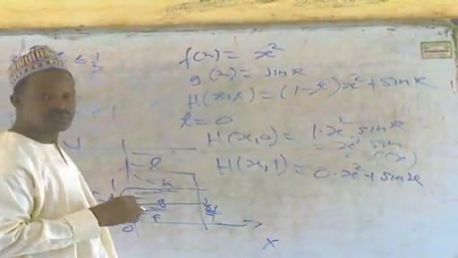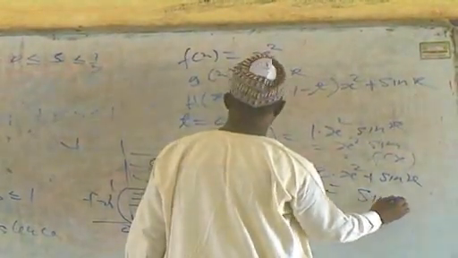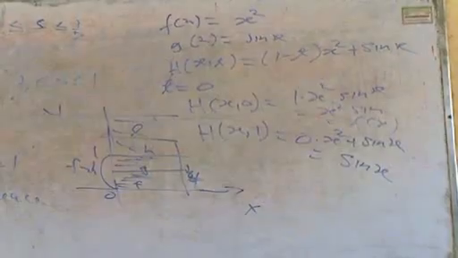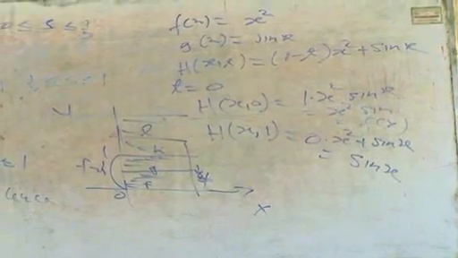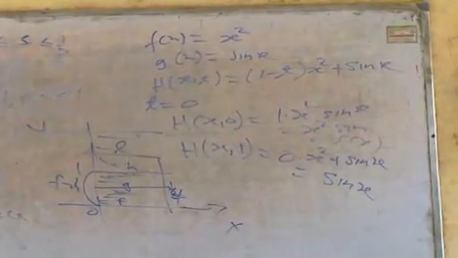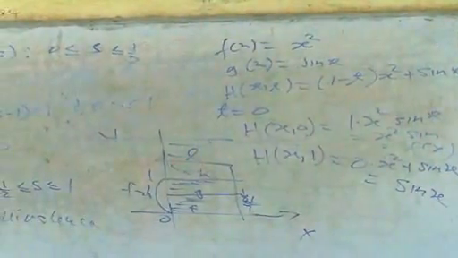So the whole thing is 0 plus sin x, so this is going to be just sin x, g of x.